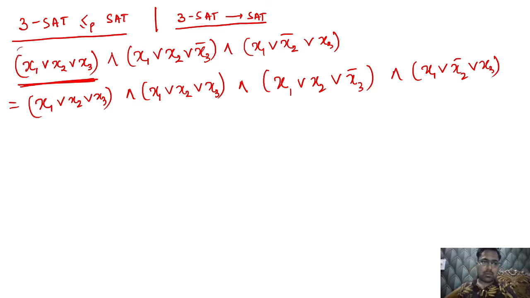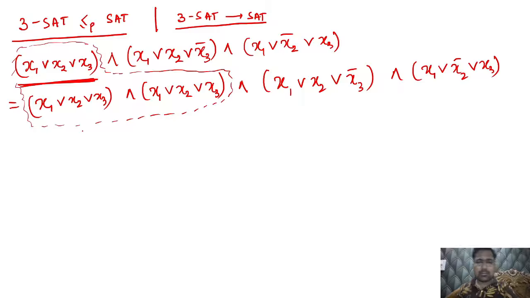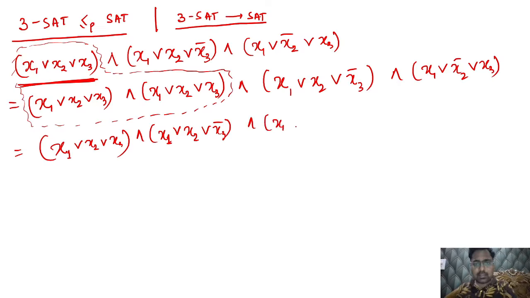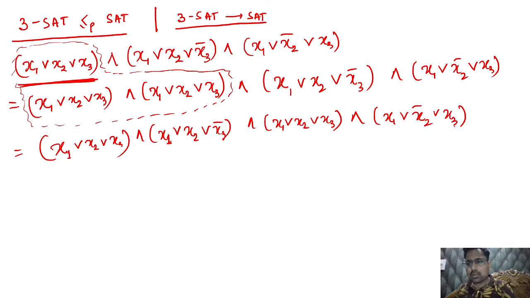Okay, this one is converted now. We just converted from 1 into 2. Now I'm just changing the position, x1 or x2 or x3, and x1 or x2 or x3. I'm changing it as we have done previously.